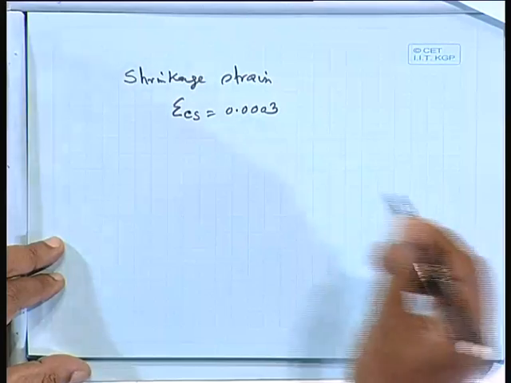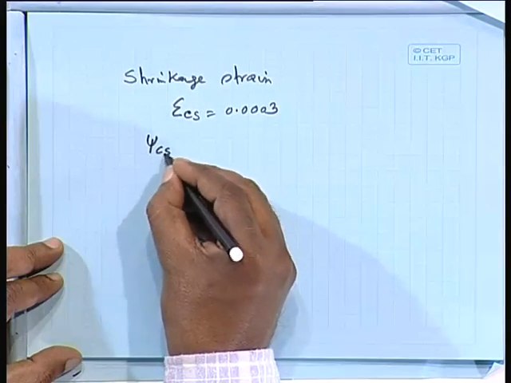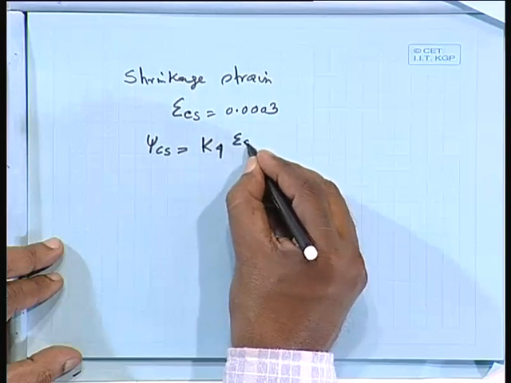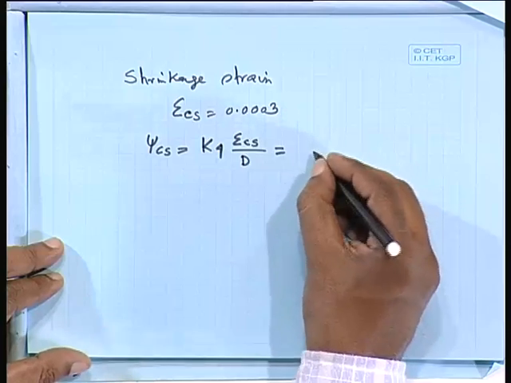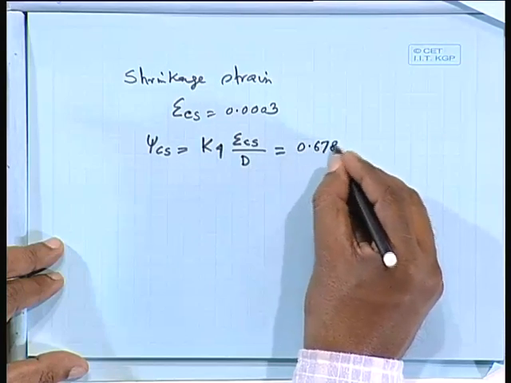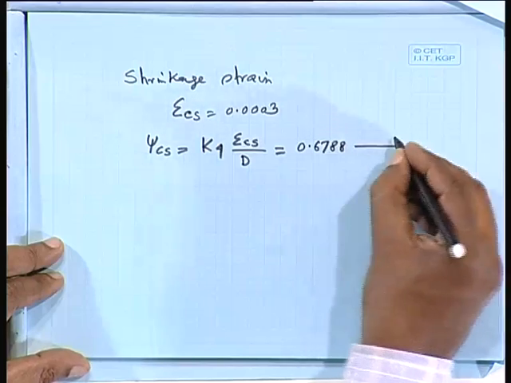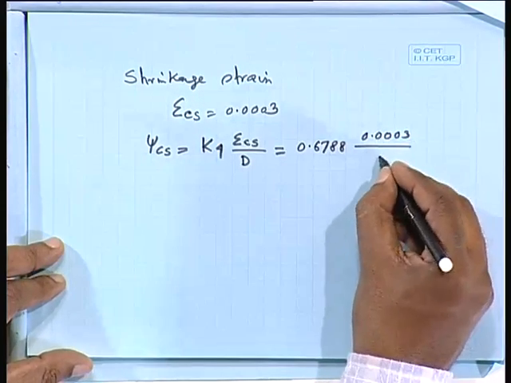And so, we can find out that psi CS will be equal to K4 epsilon CS by D, which equals 0.6788 divided by 0.0003 divided by 700.